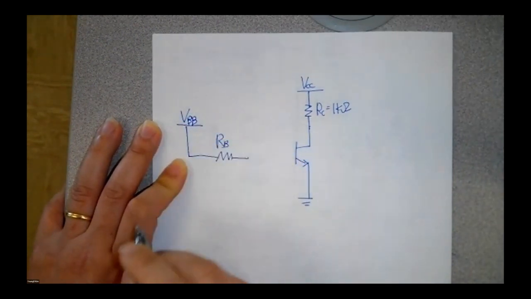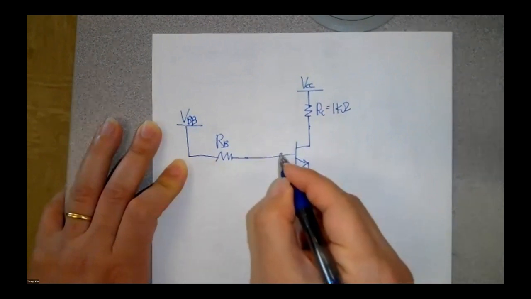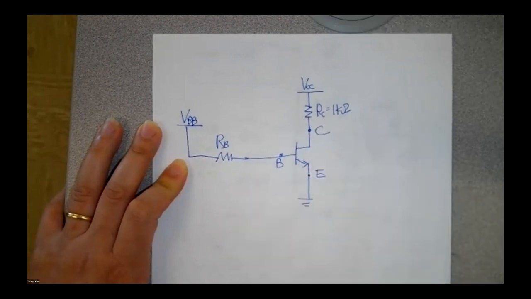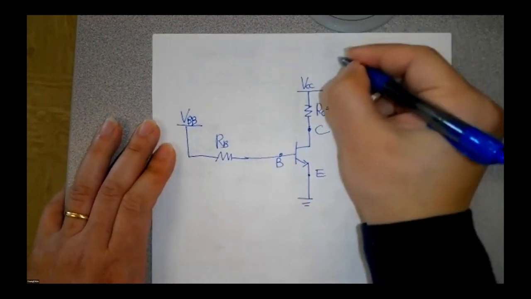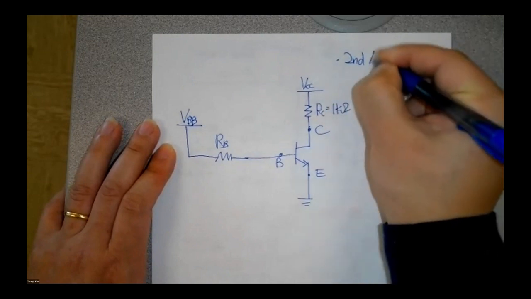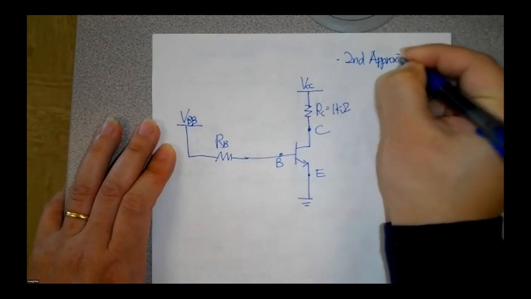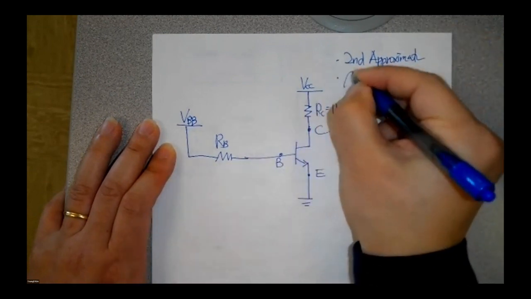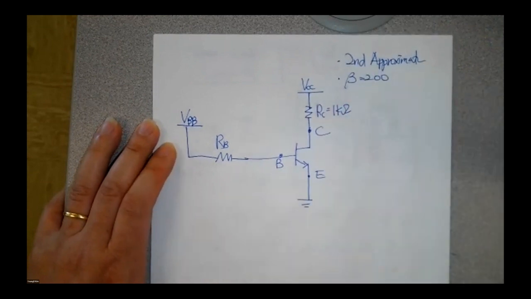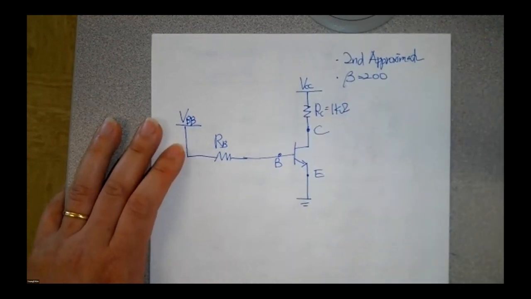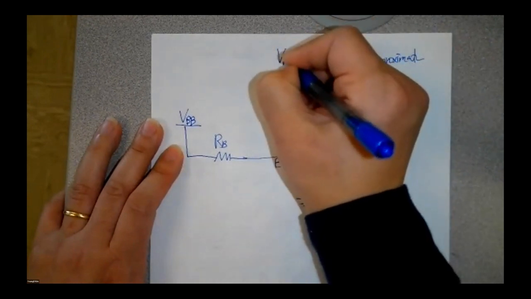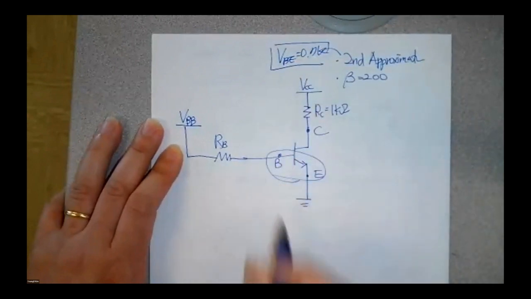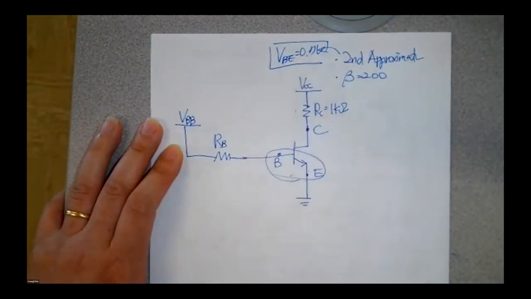That was R sub B. So that was B, the base. E is the emitter. C is the collector. That is the second approximation, and the DC beta is 200 here. Second approximation means V sub BE is 0.7 all the way. So V sub BE is 0.7.